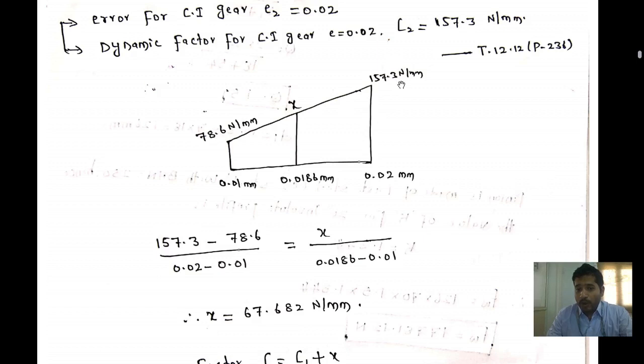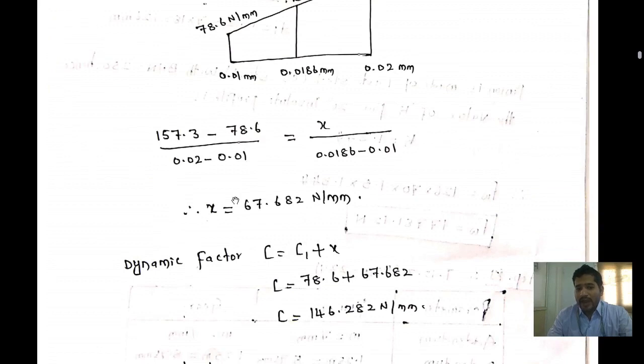This 157.3 minus 78.6, the above value, and again the bottom value, 0.02 minus 0.01, equals x by 0.0186 minus the pinion value 0.01. If you calculate with the help of a calculator, you will get the value of x as 67.68 Newton per mm. After finding this one, we need to find the dynamic factor value.